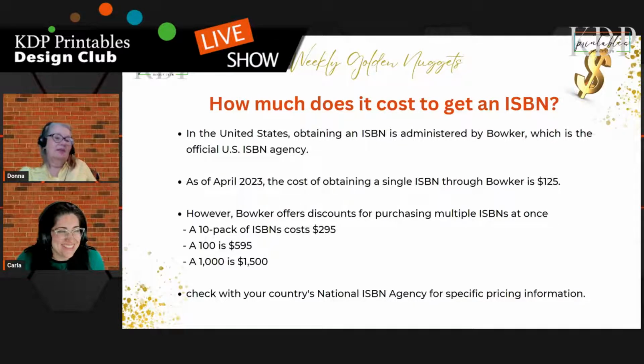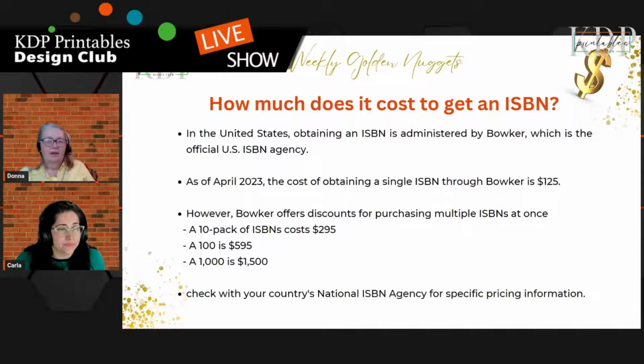But I think 1,500 should be your second round with Bowker. So maybe we start with Amazon, start creating, and then start getting your own, and then you can sell it on other platforms, and you're reducing the cost with these packages.